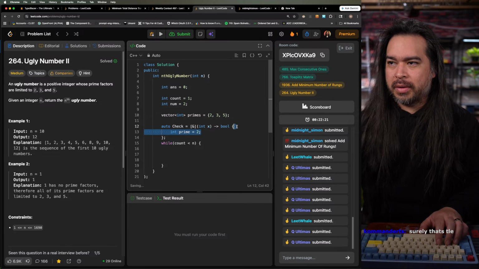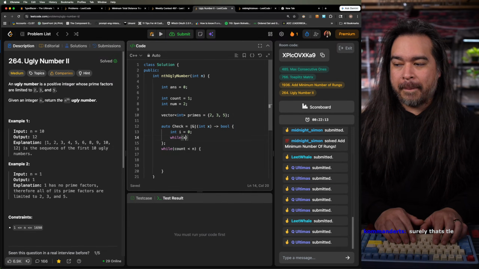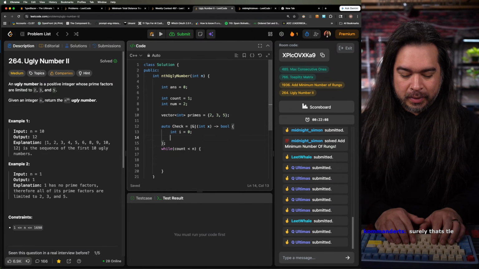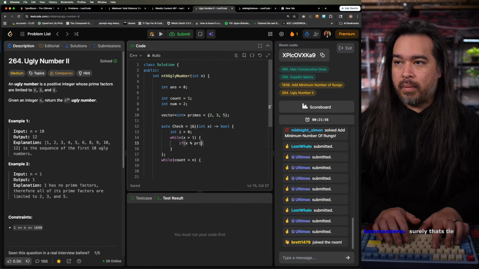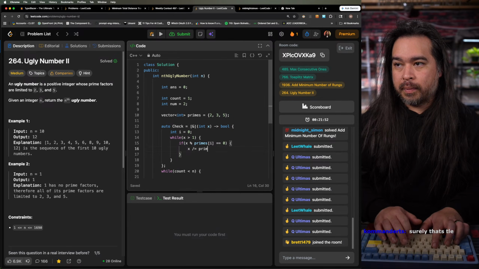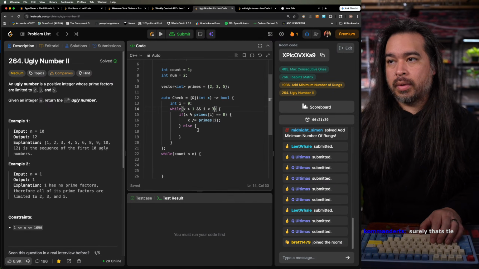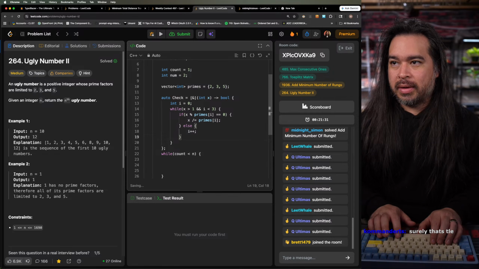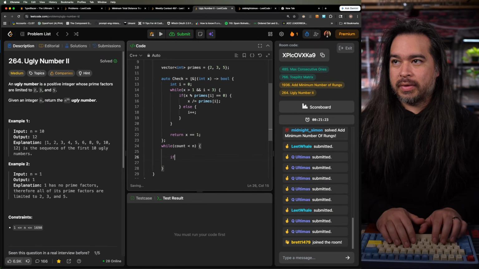So while x... How do you do this? If it's divisible, I should divide it, but if it's not, I should increment i.